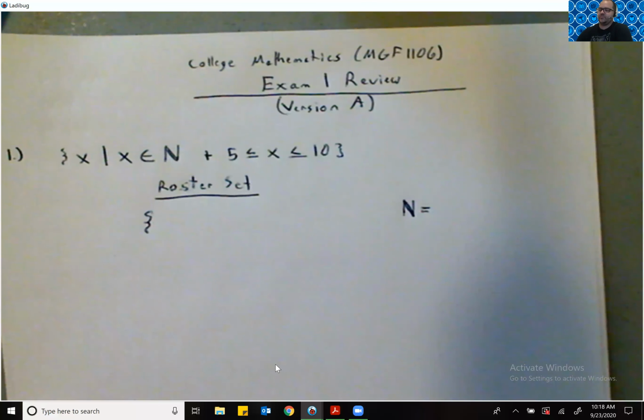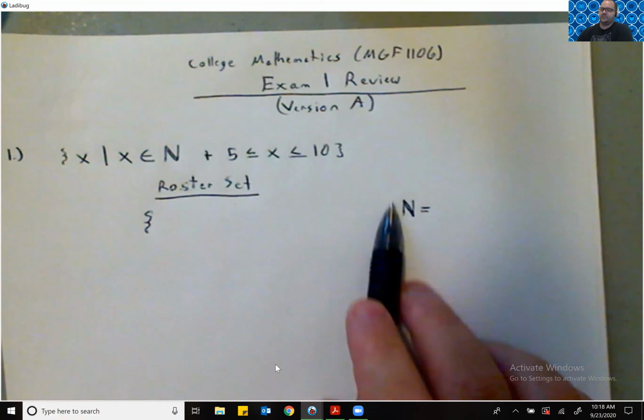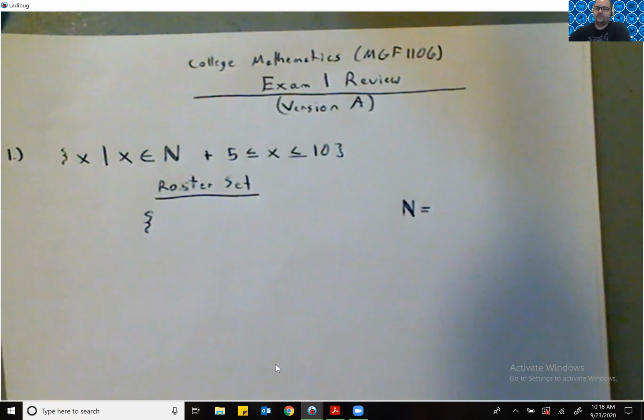What does this symbol mean? This is only question 1. You guys got this.